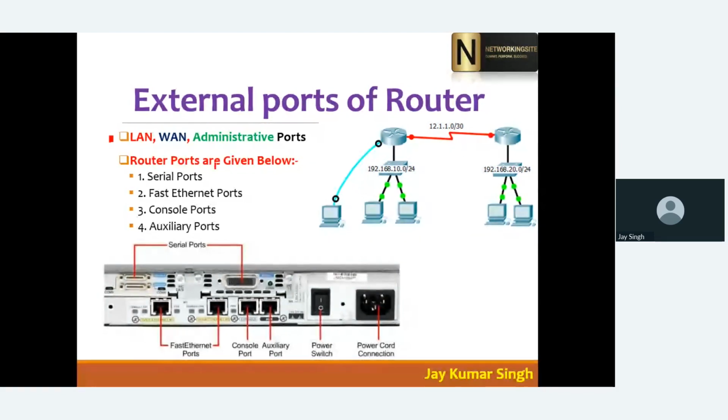The router ports are given below: serial port, fast Ethernet port, console port, and auxiliary port. Auxiliary ports are not coming nowadays because they have been obsoleted. They came in the older days. Even serial ports are also not coming nowadays, but we should know about all these.